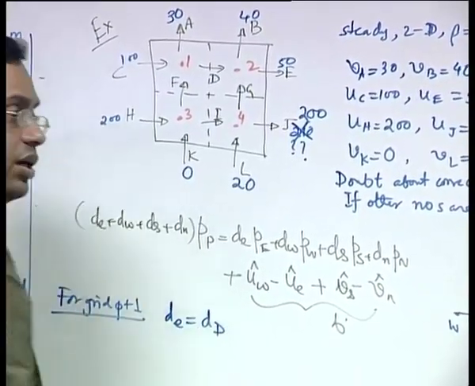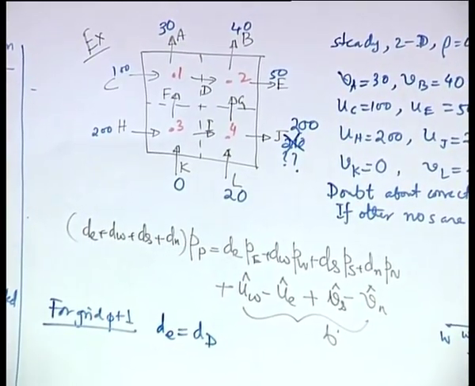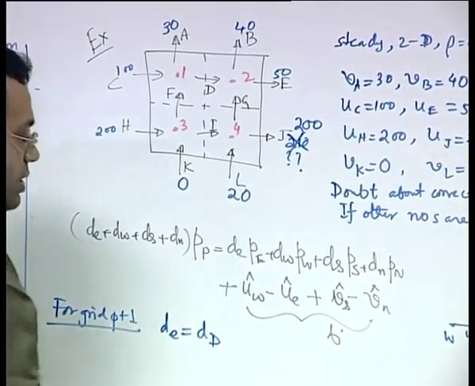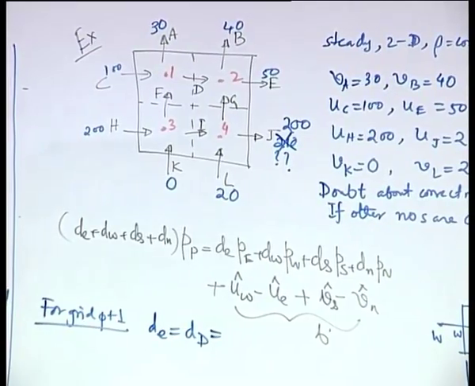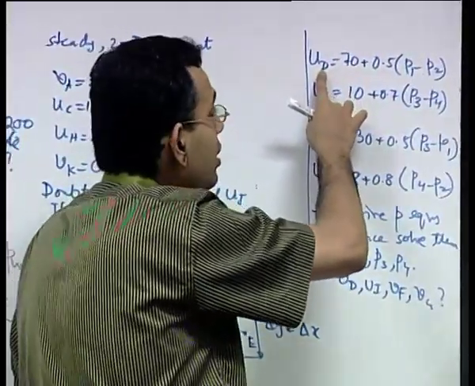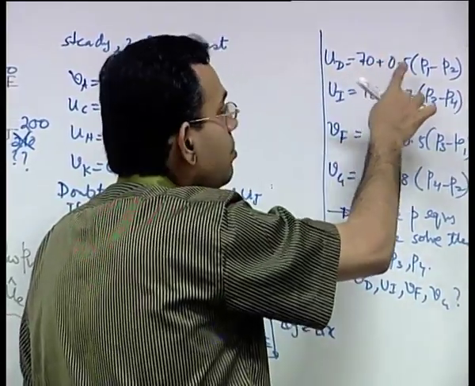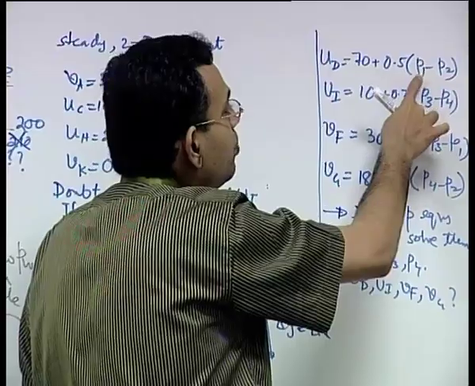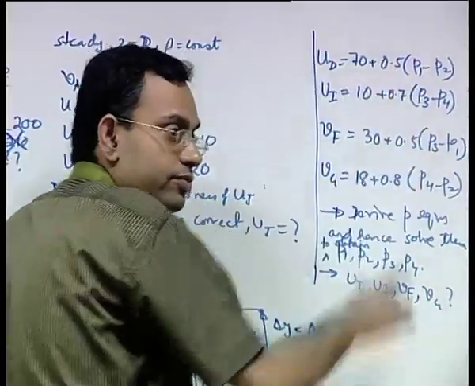D is nothing but D of capital D, right. What is the value of this? Look into the momentum equations given. UD is equal to UD hat plus DD into P1 minus P2. So DD is 0.5.